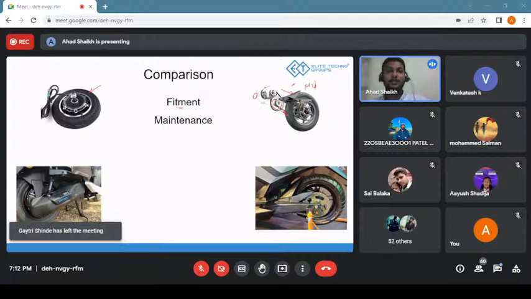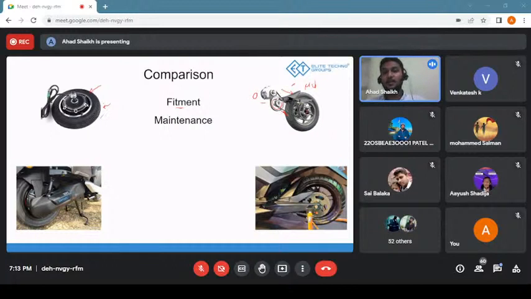But in terms of BLDC motor, it's not that much for a hub motor, so there also we can say hub motors could go well. And when a tire is punctured, as someone was talking about, it's difficult to remove the tire and change the tube and all such things. So that's the disadvantage of having a hub motor.